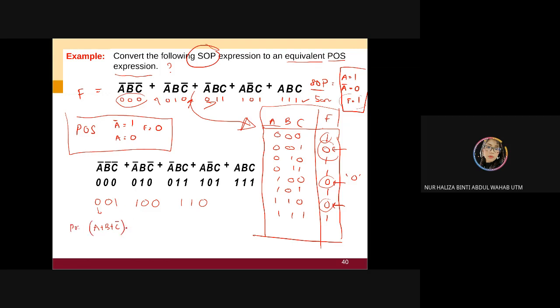This is the POS version, right? Multiply with 1 will be your bar. A bar plus B plus C. Multiply with A bar plus B bar plus C. Then this is your answer for your POS.